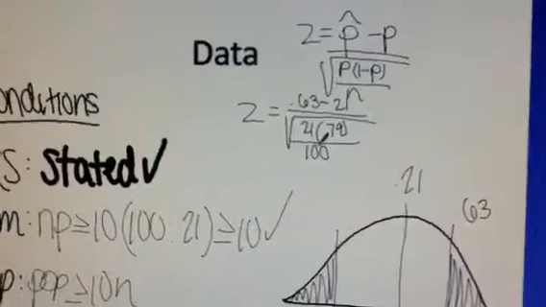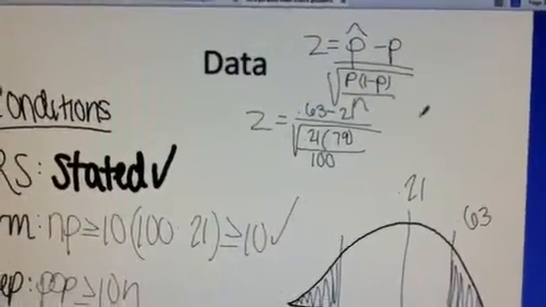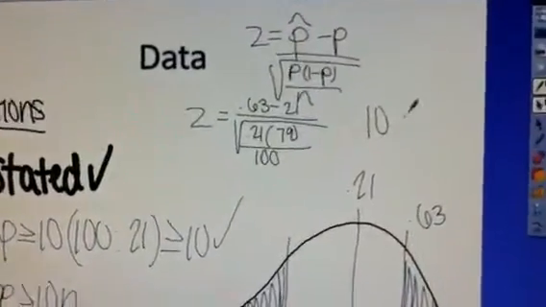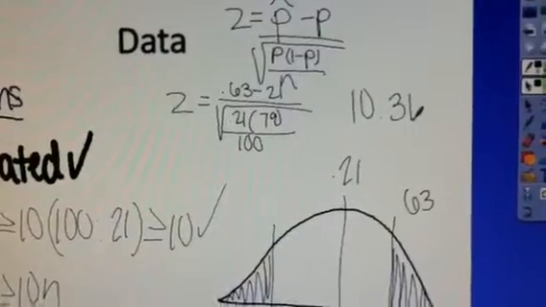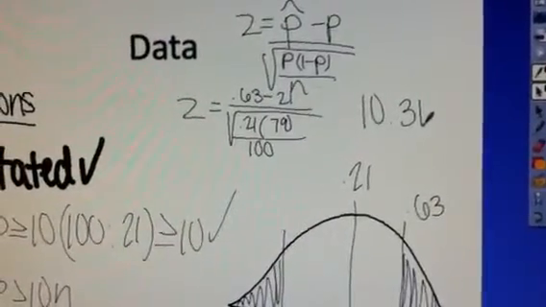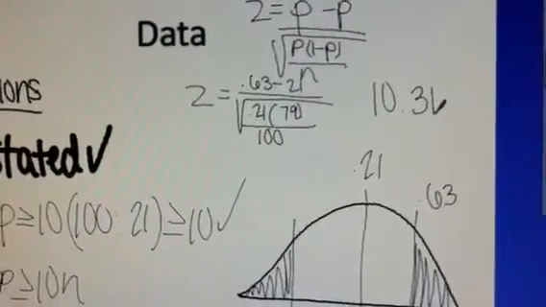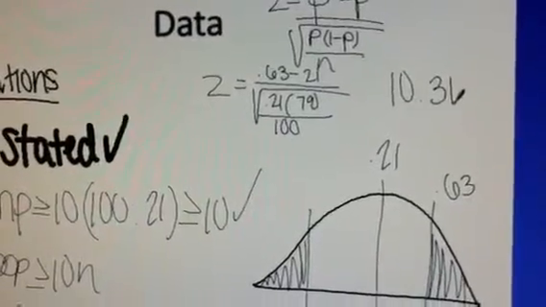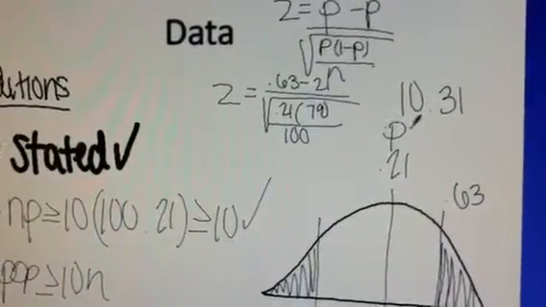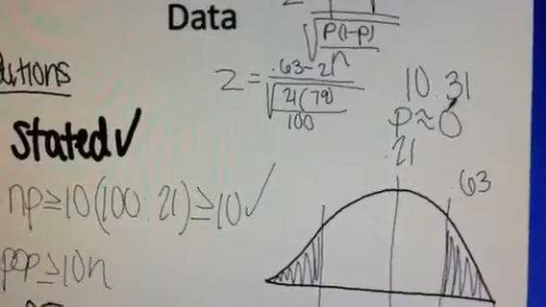And that gives us a z-score of 10.31, and since that would be off the chart, it would be approximately 0. Even multiplied by 2 would still be 0. So our p would be approximately 0.